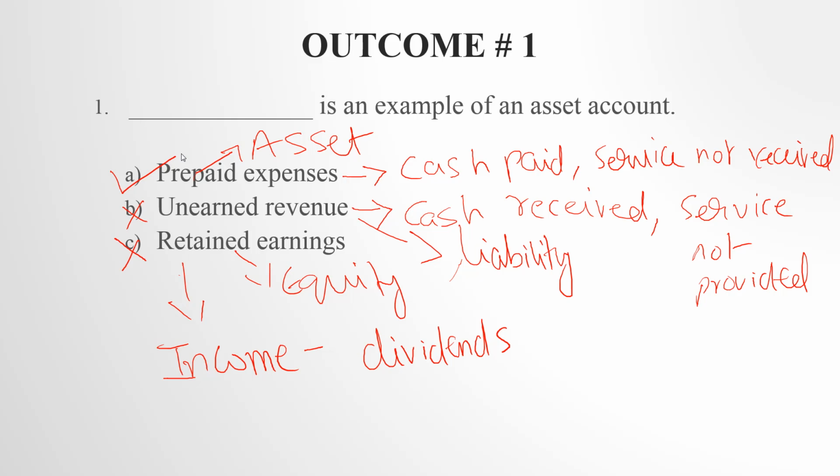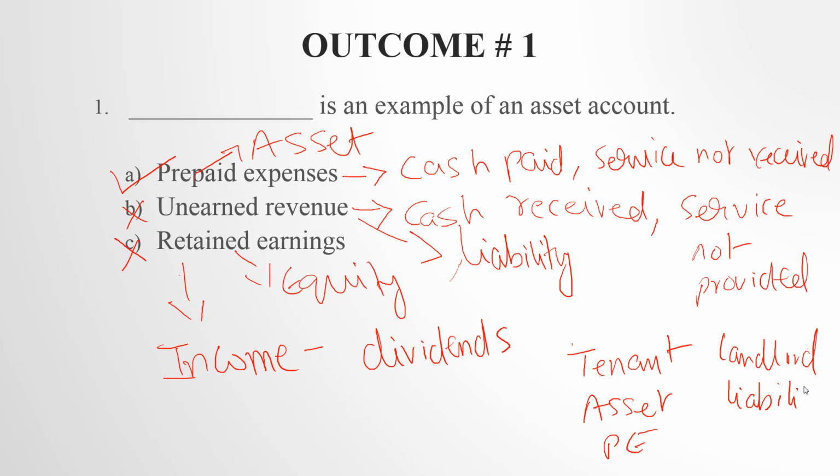So the same transaction for the tenant is an asset, it's a prepaid expense, and for the landlord it's a liability. He has to provide you access to that apartment, and it is unearned revenue.